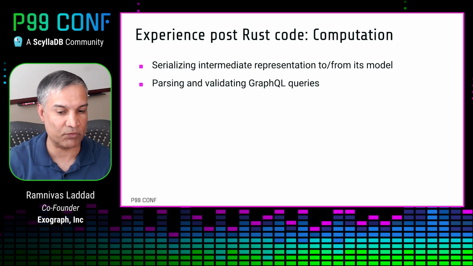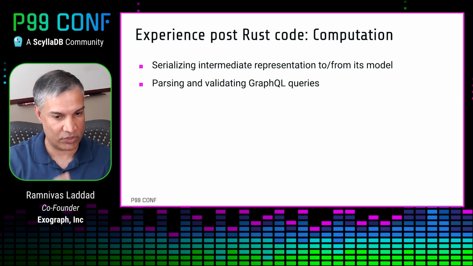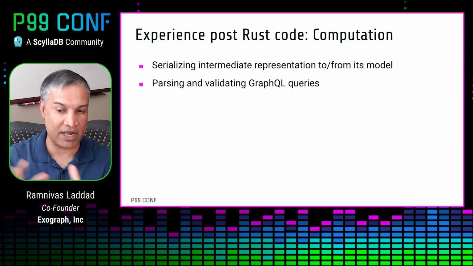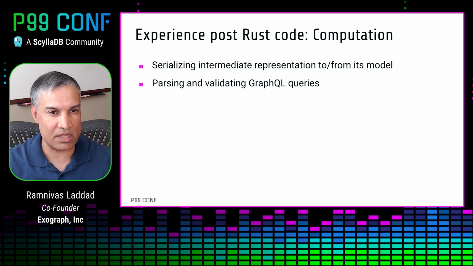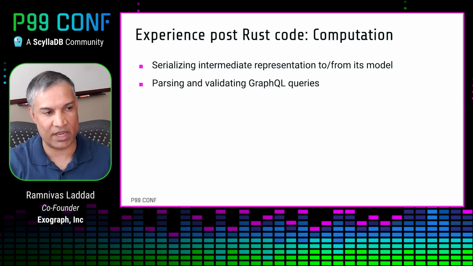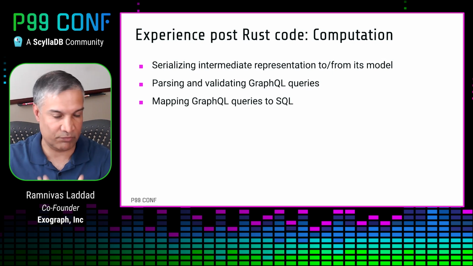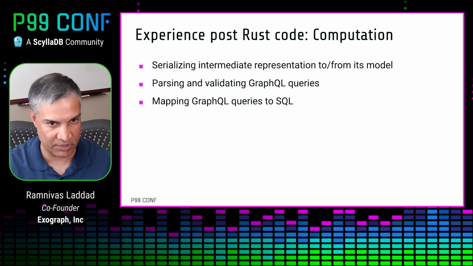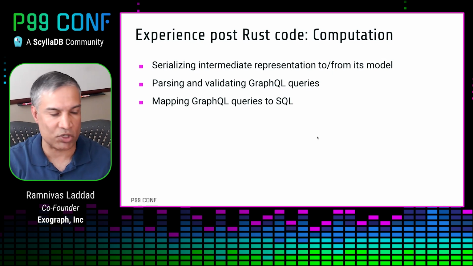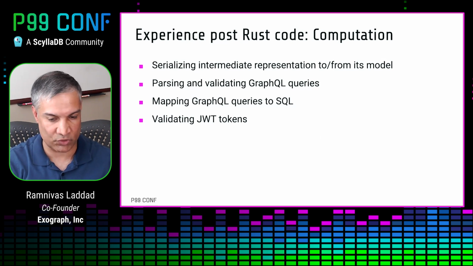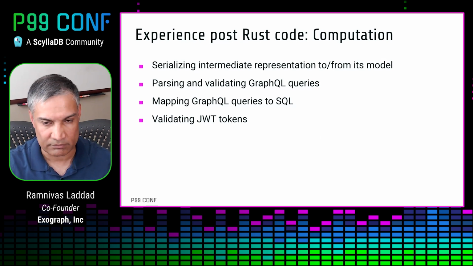So the query that I typed, for example, we take that query and make sure that it is correct according to the GraphQL spec and according to our schema. Then we take that GraphQL query and map it into SQL, for example, if the query is related to a Postgres database, or even validate a JWT token so that we can make sure that the user is who they claim to be.